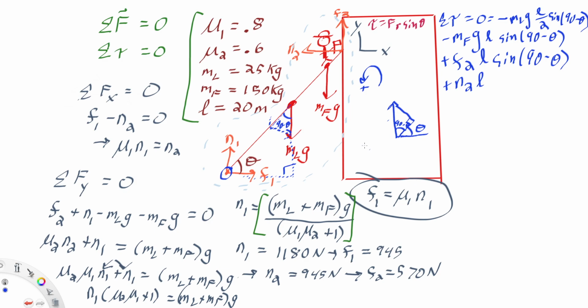And then we just have to break down the angle. So the normal force is directly to the left. That's going to be partly perpendicular to the ladder, partly parallel to the ladder. Right angle there.